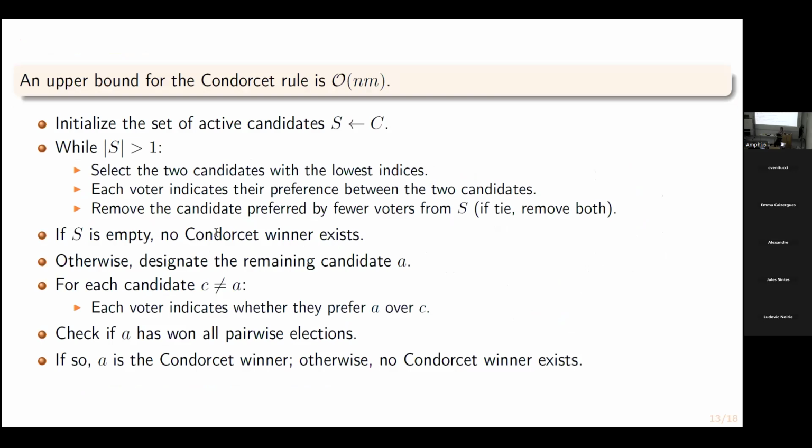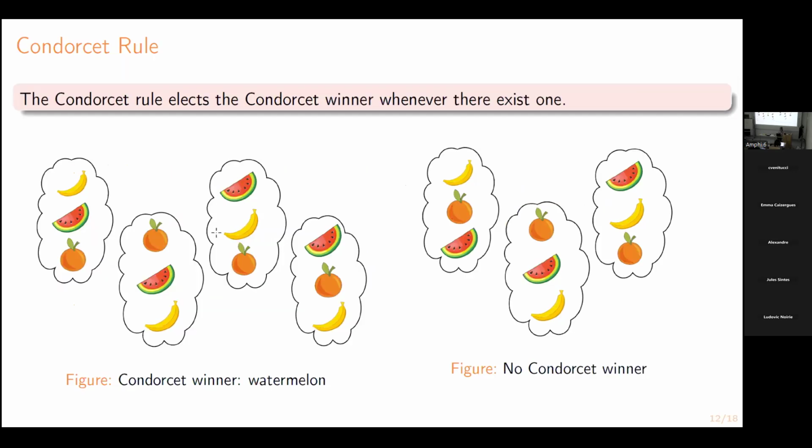So you consider election systems where the result may be the empty set? Yes, that's another comment. In fact, here they assume that sometimes the Condorcet rule does not elect any winner, and they don't take tie-breaking into account, because it's an operation you do outside of the communication, so it doesn't count.